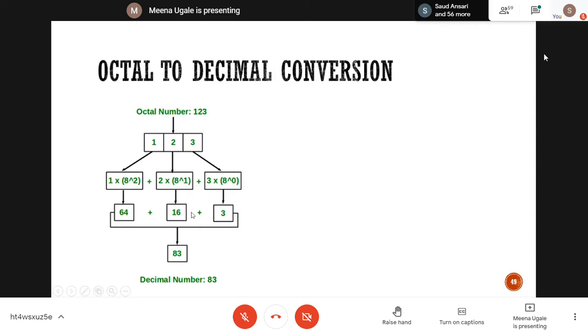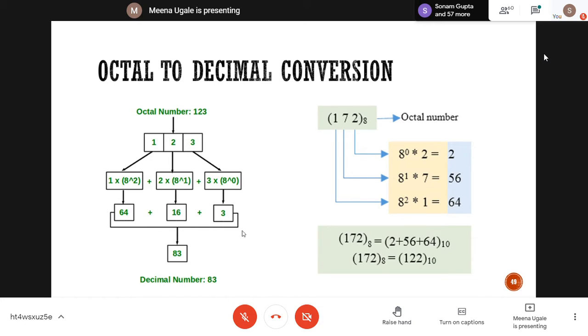I will get something. I will add it up. That is my final answer. So this octal number 123 is equivalent to 83 in decimal. Just multiply from LSB to MSB, starting with 8 raised to 0, 8 raised to 1, 2, 3, 4 onwards.